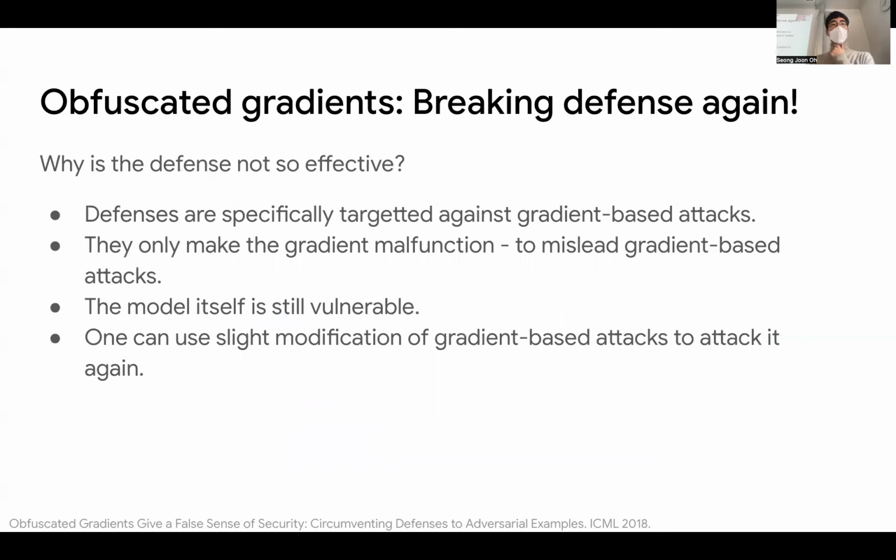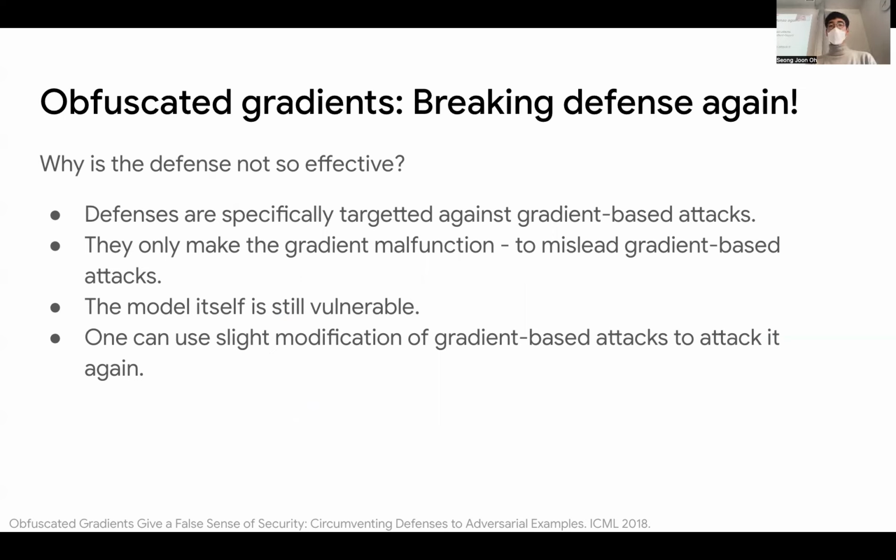So in general, why was this happening, right? This was happening because if you look at those defenses, they're specifically targeted against gradient-based attacks. So the cheap, very easy way to make the attacks not work is by breaking down the gradients.